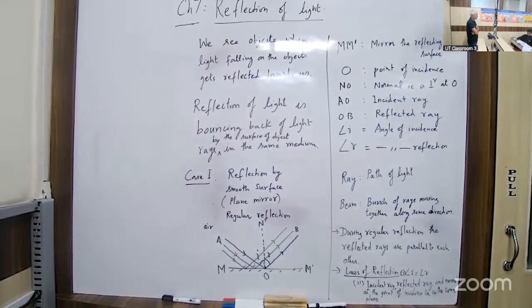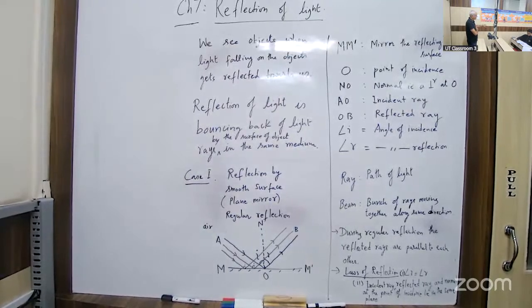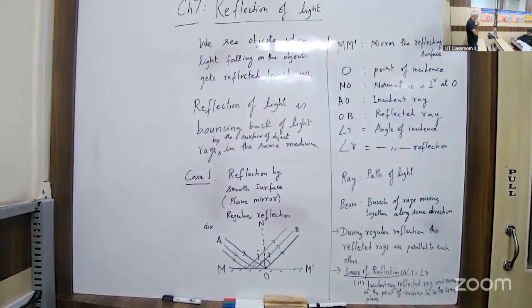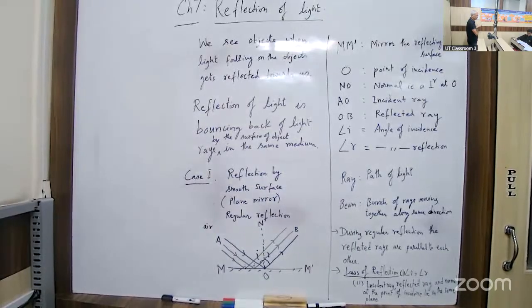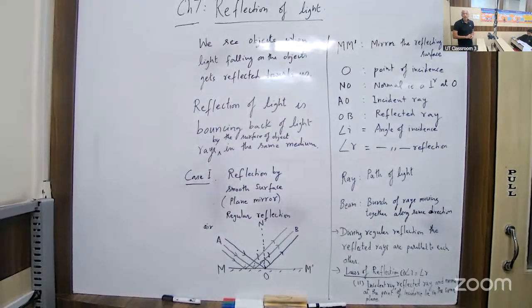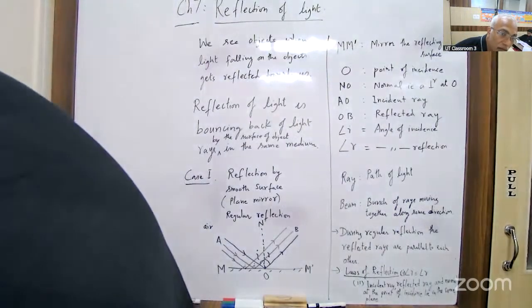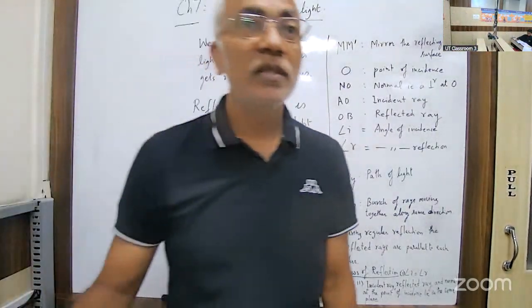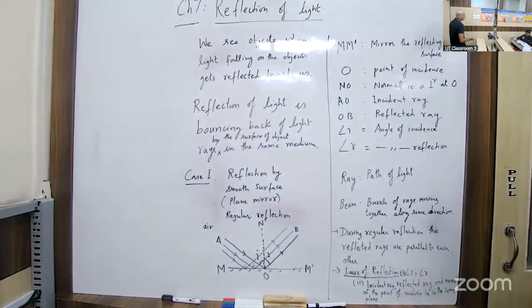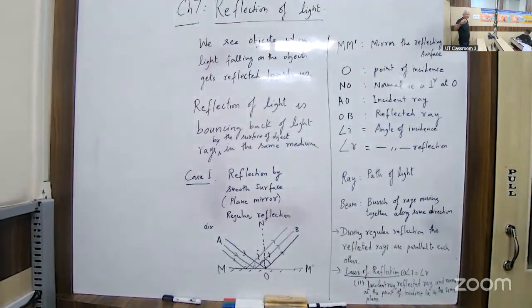So anything that shines reflects light. Is this shining right now? No, it will absorb light. It is also reflecting, but not enough for us to see our image. Can we see our image in this? You're not able to see. When the lights are off, then you will. Okay.